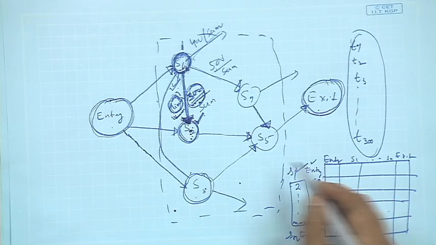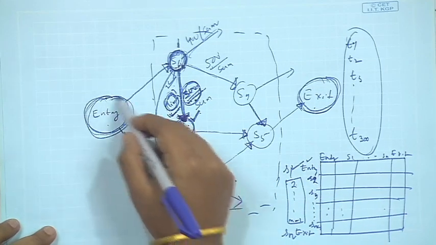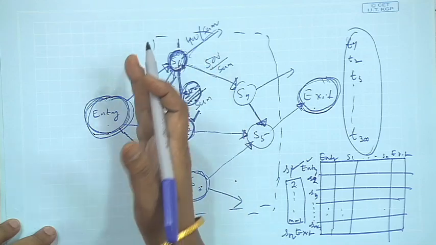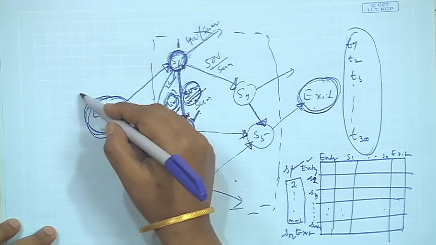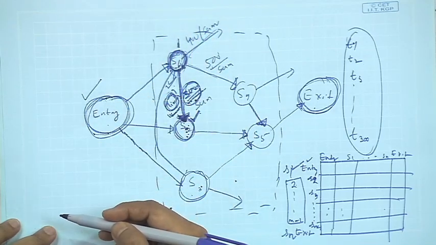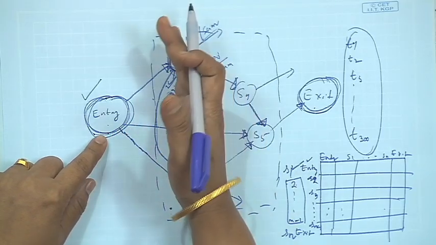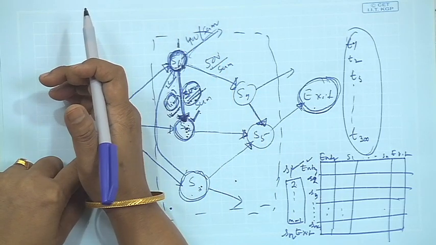Of course, it is true, because this is a dummy state and you have assumed that all the visitors, before entering into your site, stay in this particular state. Therefore, from any other state you cannot go to the entry state.